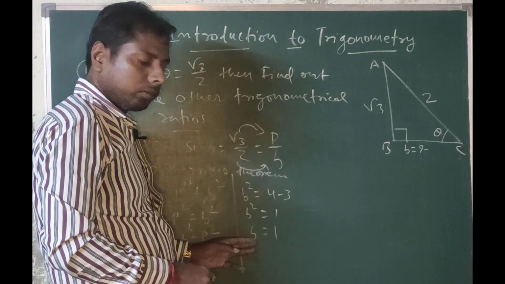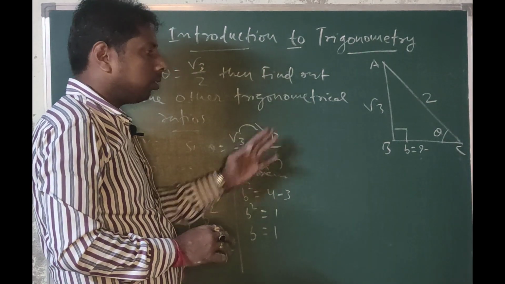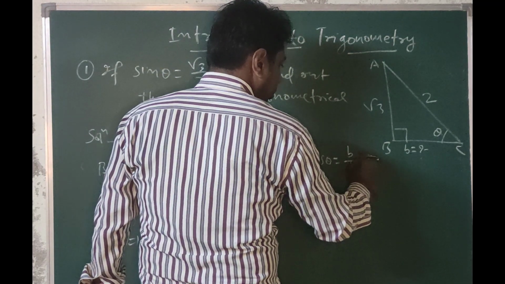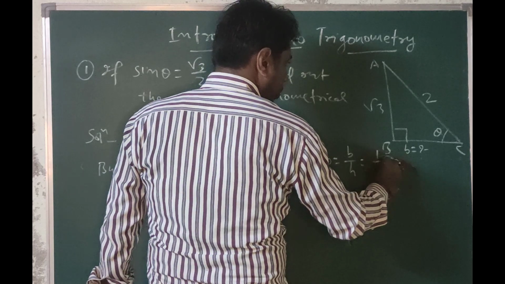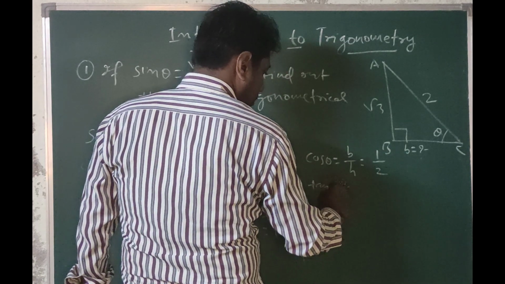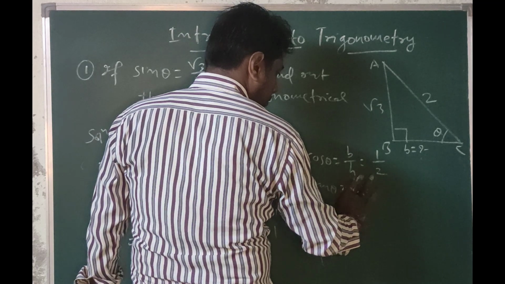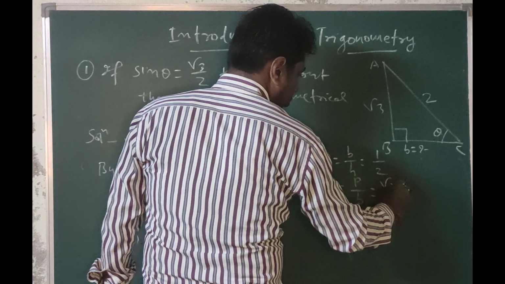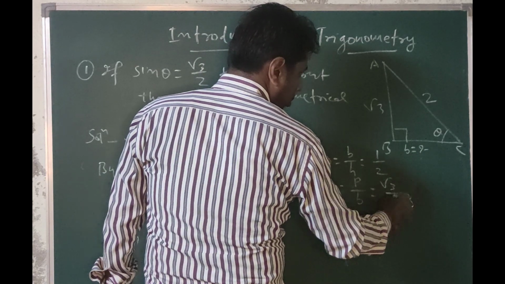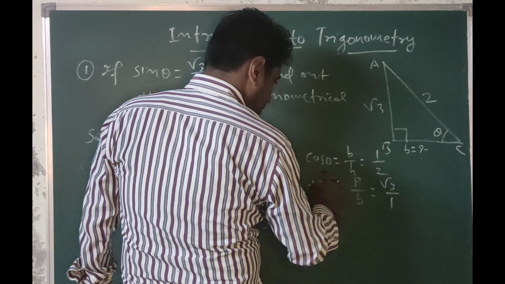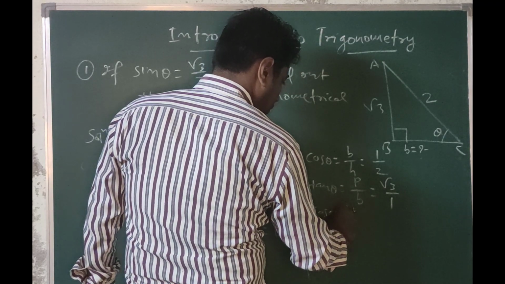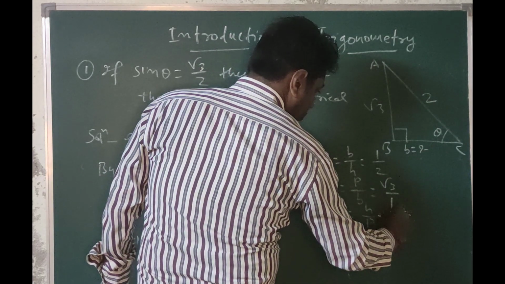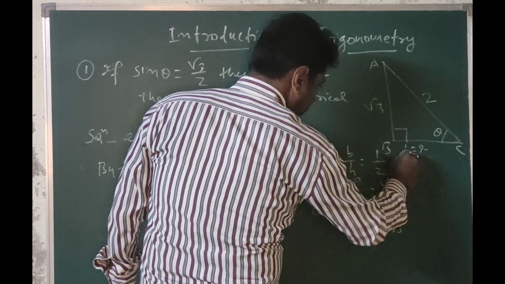Now with the value of B, we find out the other ratios. Cos theta equals B by H. The value of B is 1, so 1 by 2. Tan theta equals P by B, so P is root 3 and B is 1. Cosec theta equals H by P, H is 2 and P is root 3.